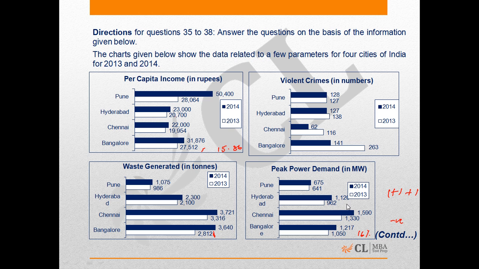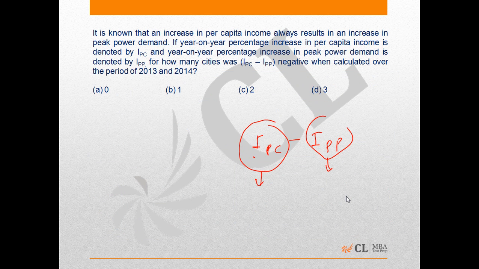But looking at Pune, we do not need to do anything. From the graph it is obvious percentage increase in per capita income is way higher than percentage increase in peak power demand. So there were three states for which IPC minus IPP was negative, therefore option D is the correct answer.